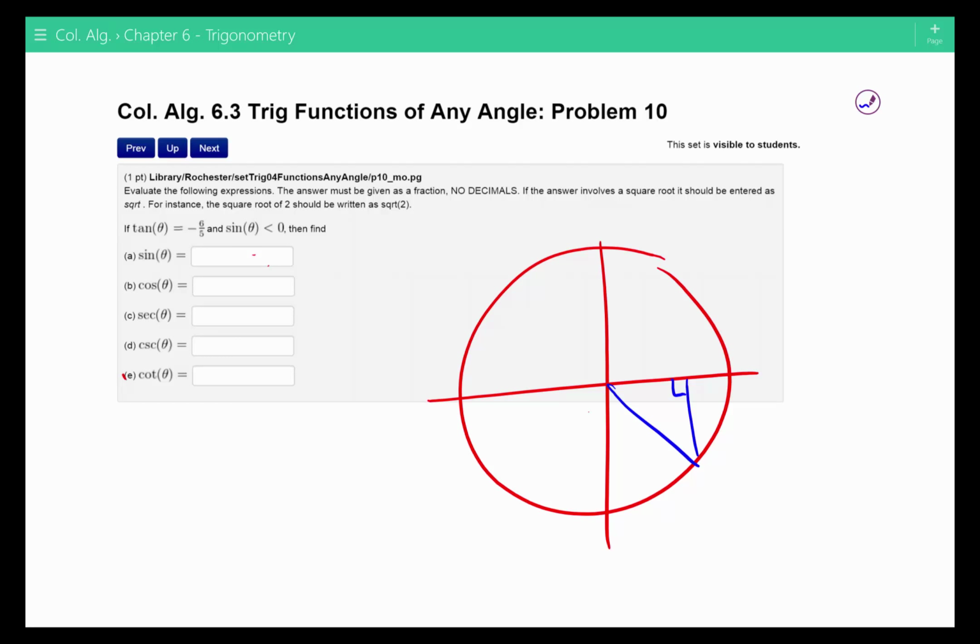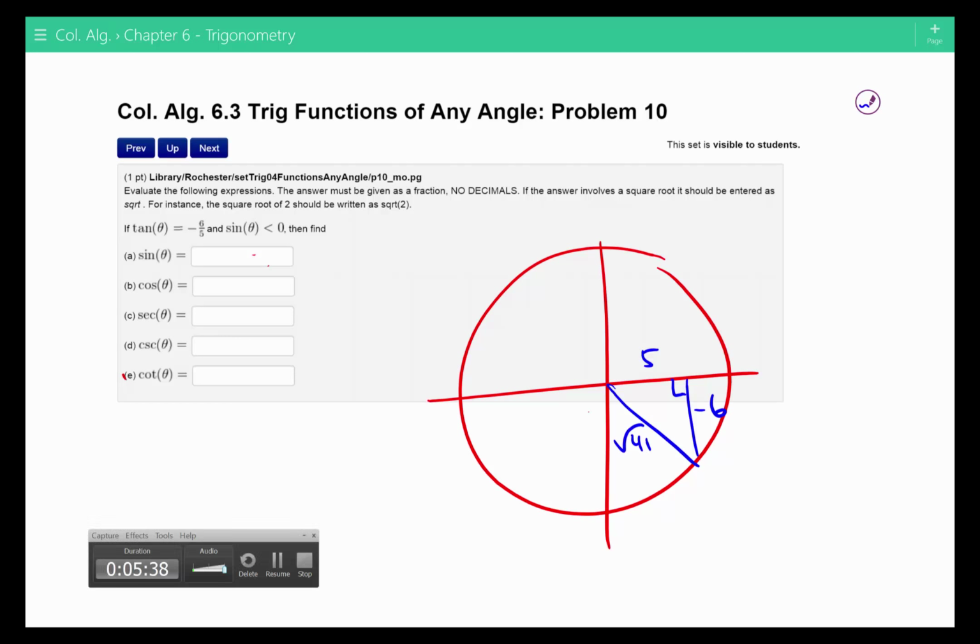Then I can write these relationships. So sine is opposite over hypotenuse. I'm going to make this -6 because I'm going down. And then I can do the Pythagorean theorem for the hypotenuse. So it's 36 plus 25, which is the square root of... I'm sorry, 61. And then I can find all these.